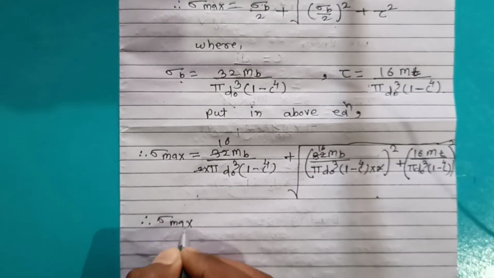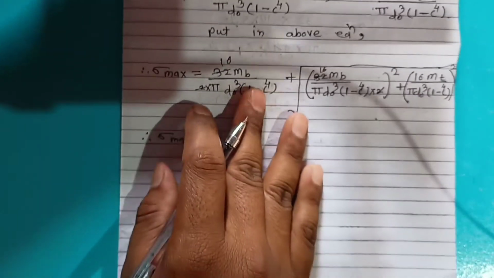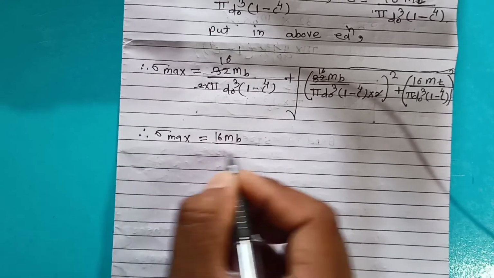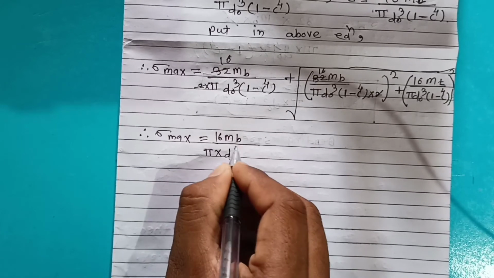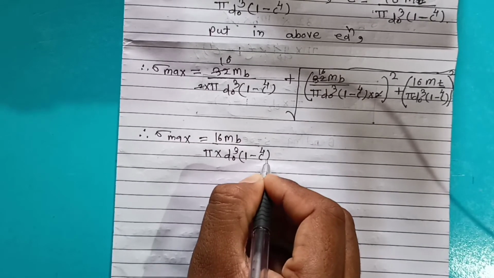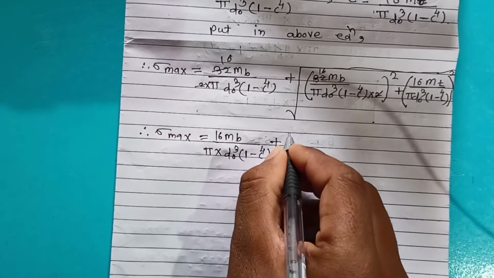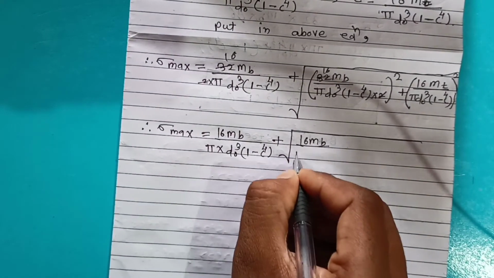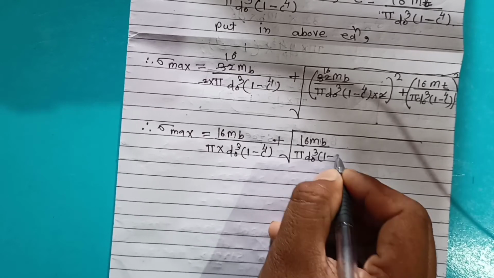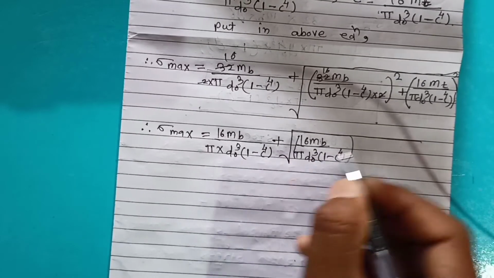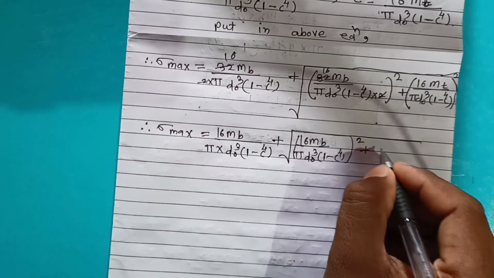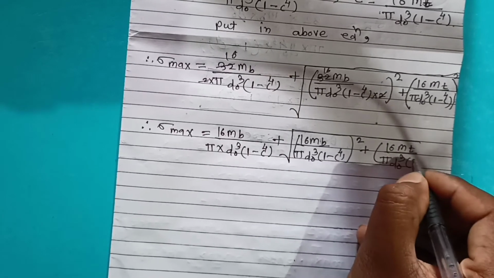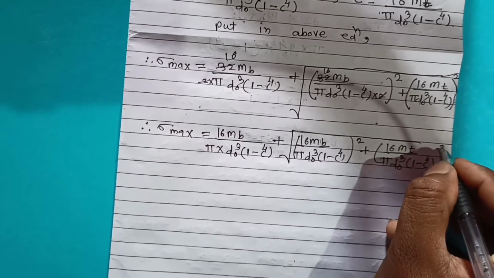Sigma max is equal to 16 Mb divided by pi do cube (1 minus c raised to 4), plus in bracket 16 Mb divided by pi do cube (1 minus c raised to 4), raised to 2, plus here also 16 Mt divided by pi do cube (1 minus c raised to 4), raised to 2.